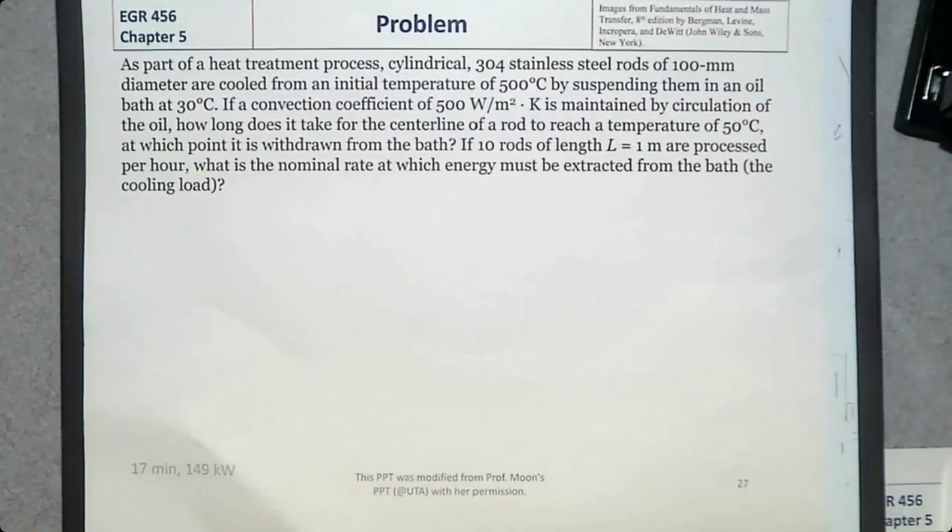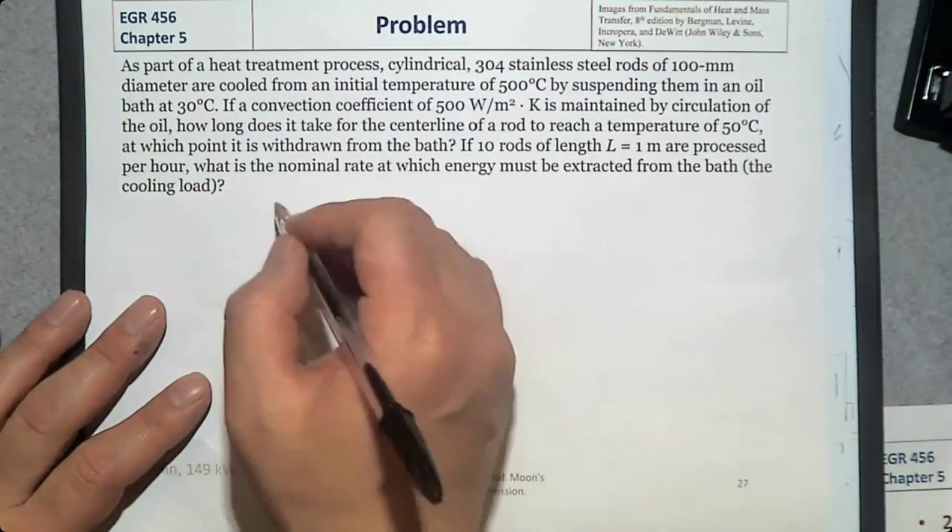Okay, the next problem. As part of a heat treatment process, we have cylindrical stainless steel rods of 100 millimeter diameter that are cooled from the initial temperature. So now we have an infinite cylinder.